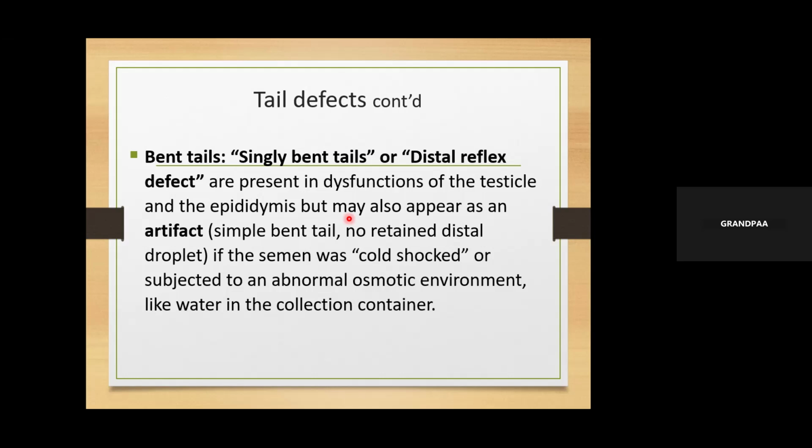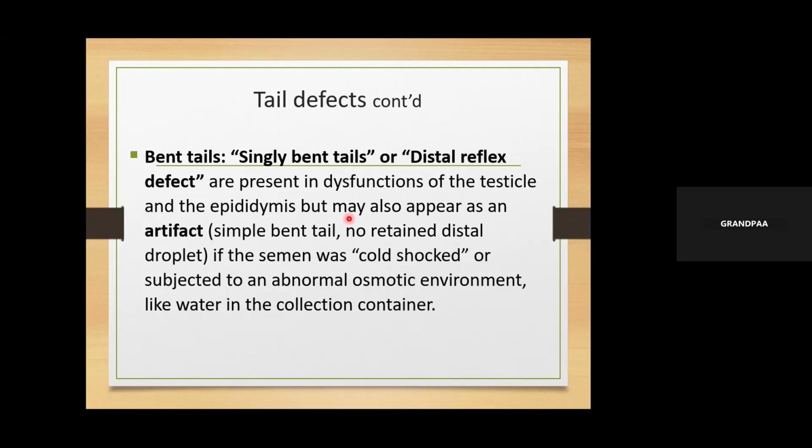If it has some water droplets in it, the water droplets will be absorbed by the organism, and that's the osmotic effect, and then they will begin to show some abnormalities. For example, the singly bent tail syndrome will occur.